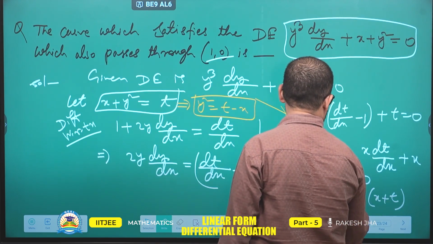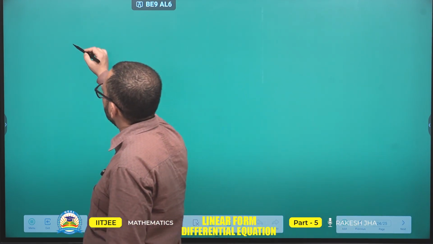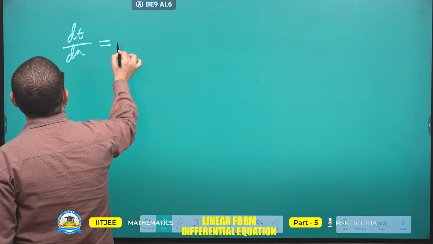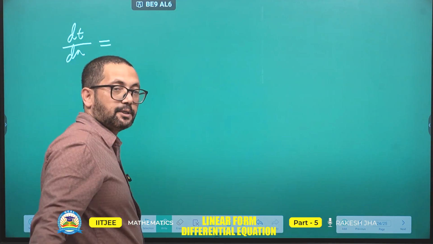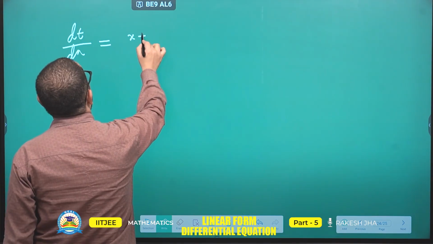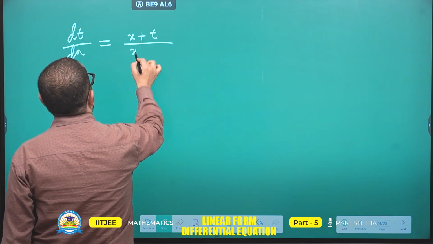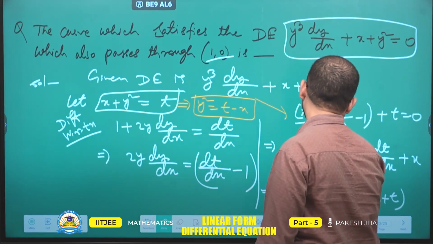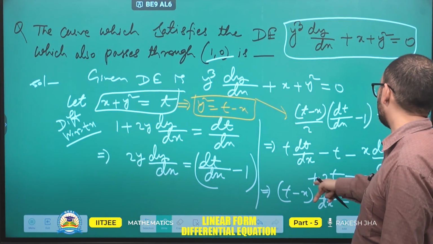So now dt upon dx is equal to x plus t upon x minus t.